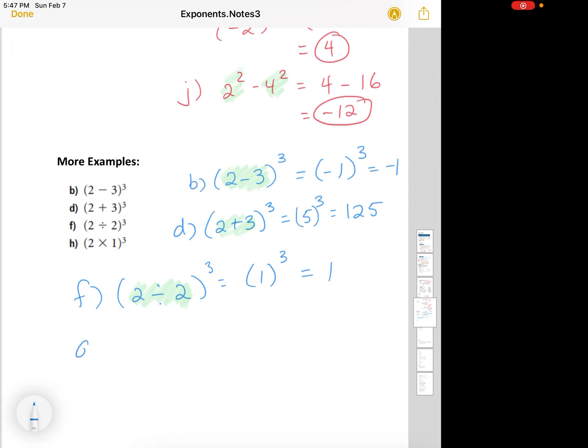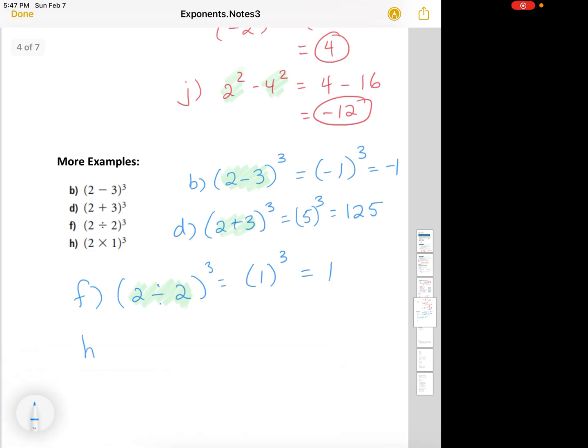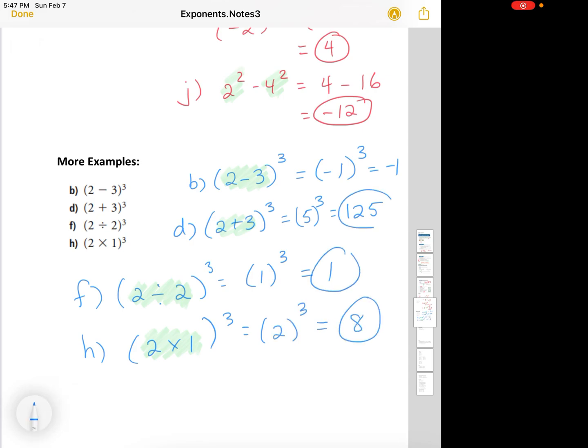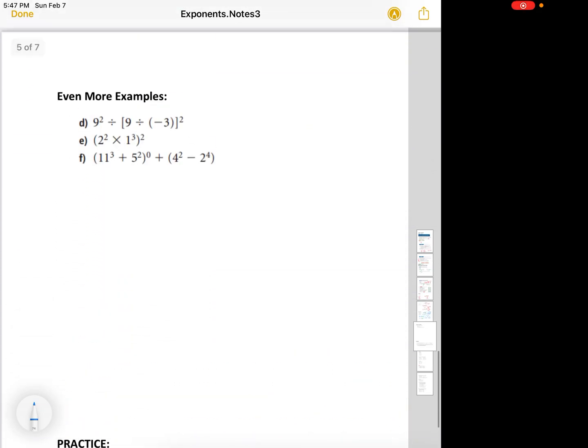Cubed is 1. And then finally, I was going to go to G, but I actually have H. 2 times 1 cubed. Again, we do what's in the brackets first. 2 times 1 is 2. Cubed equals 8. So, same digits, very different answers.